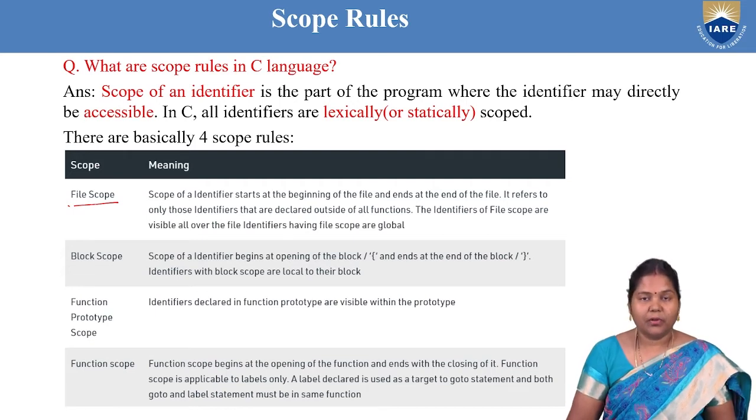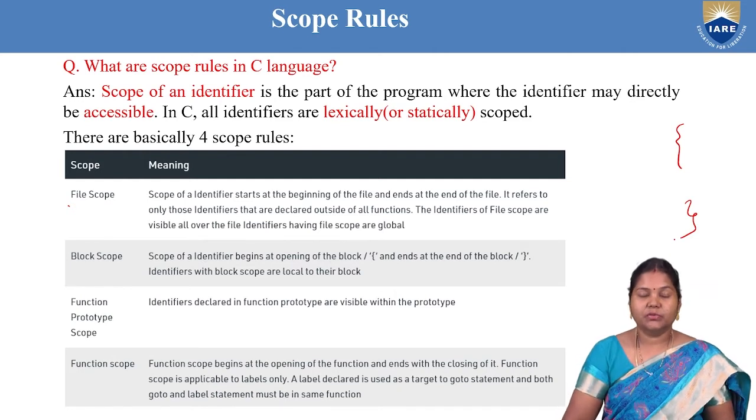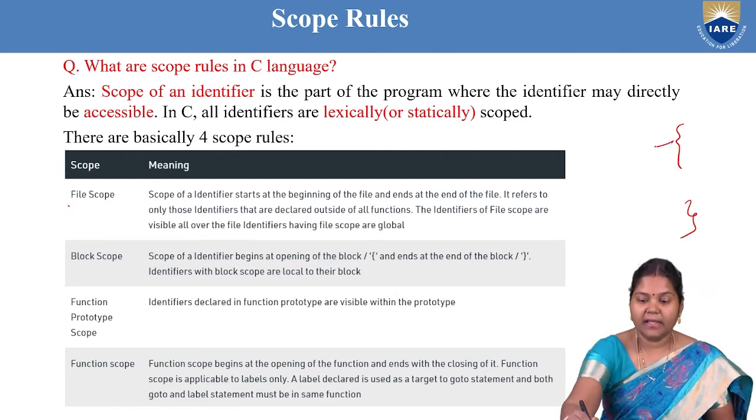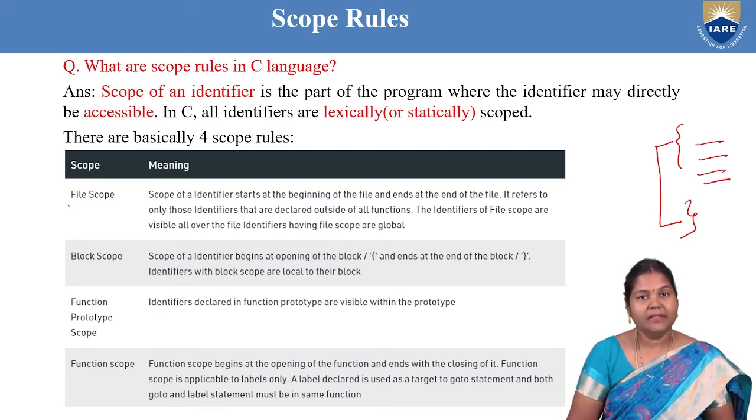Next is called block scope. The scope of an identifier begins at the opening brace and ends at the closing brace. Within this, which is called a block, whatever identifiers you have declared, the scope is bounded by the braces.